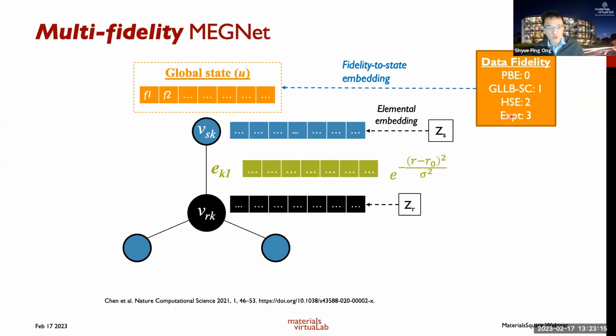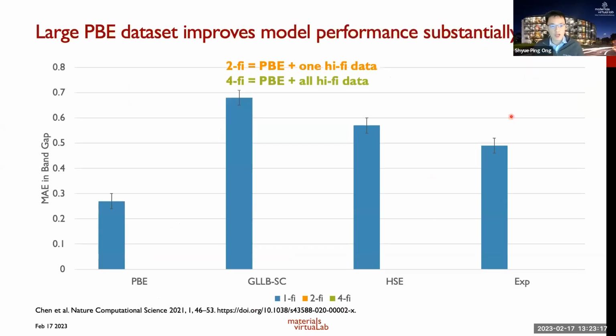Okay, so does multi-fidelity MEGNet work? The way that I show this is, first of all, we fitted single-fidelity MEGNet models with each of the data sets, okay? You can see that for your PBE data set, you actually get the lowest mean absolute error. So you are very precise about something that's very inaccurate.